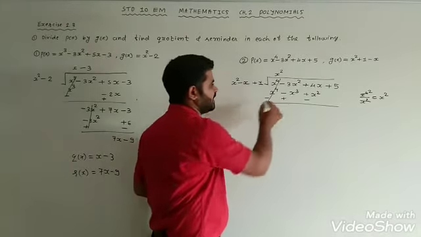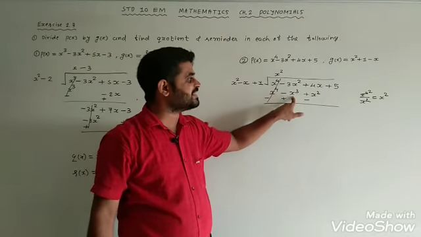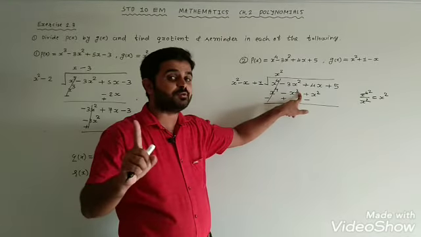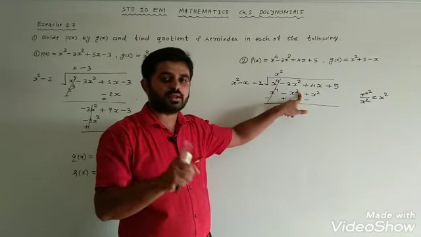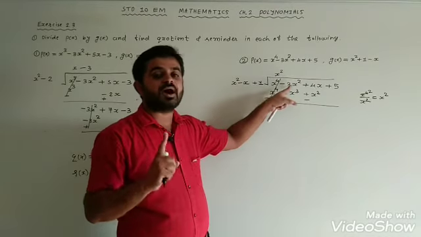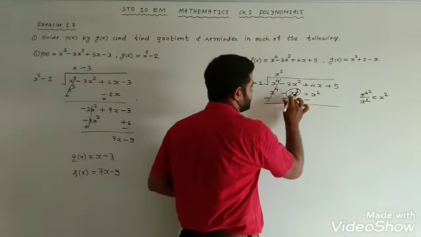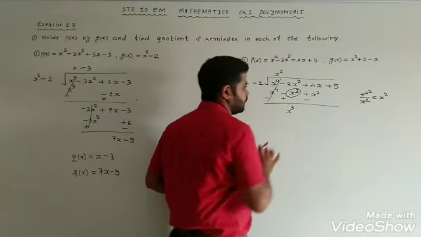Both will be cut. Now here is 3x square and here is x cube, so you are not able to do the subtraction and addition of these both terms, because these both terms are non-similar terms. So first of all write down this x cube.